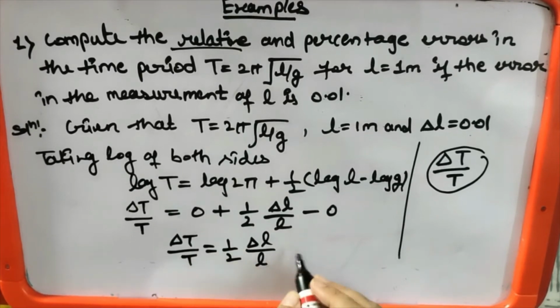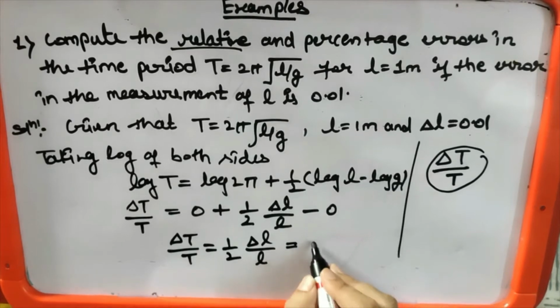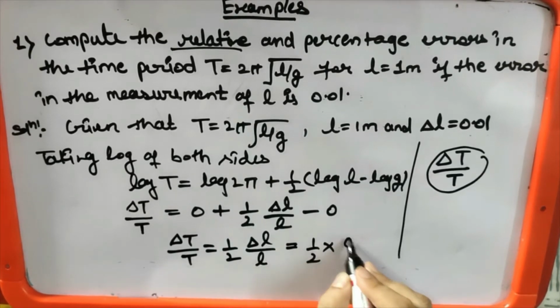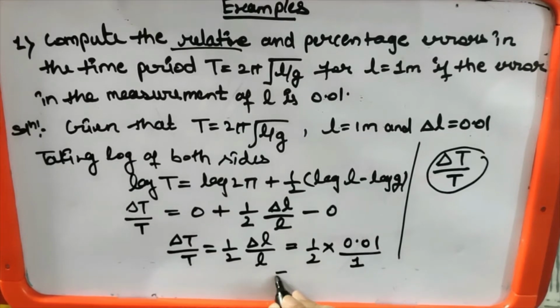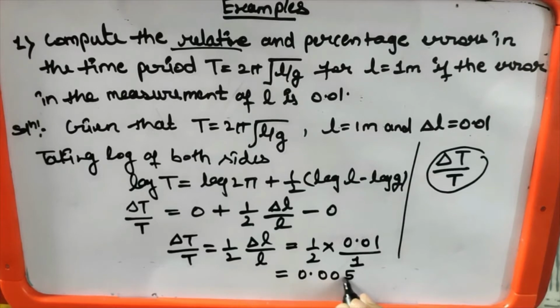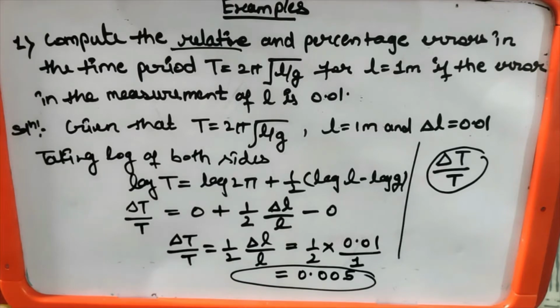And you know the value of L and delta L, that is 1 by 2 into 0.01 upon 1. It will be 0.005. This is our relative error. Now we will find out the percentage error.